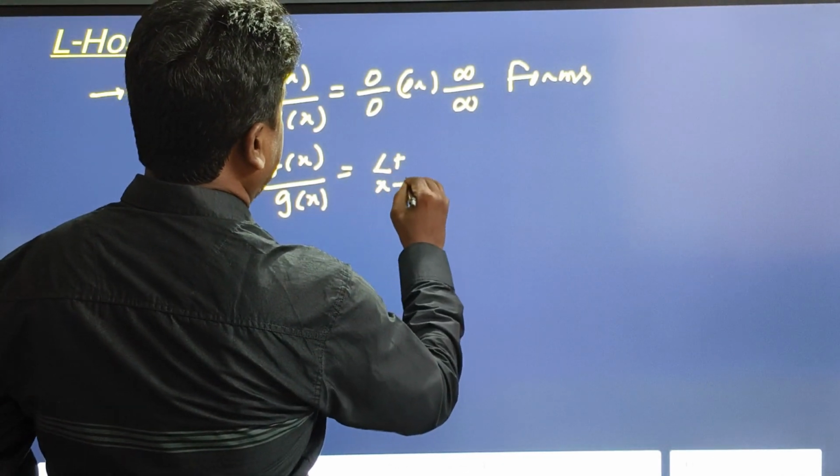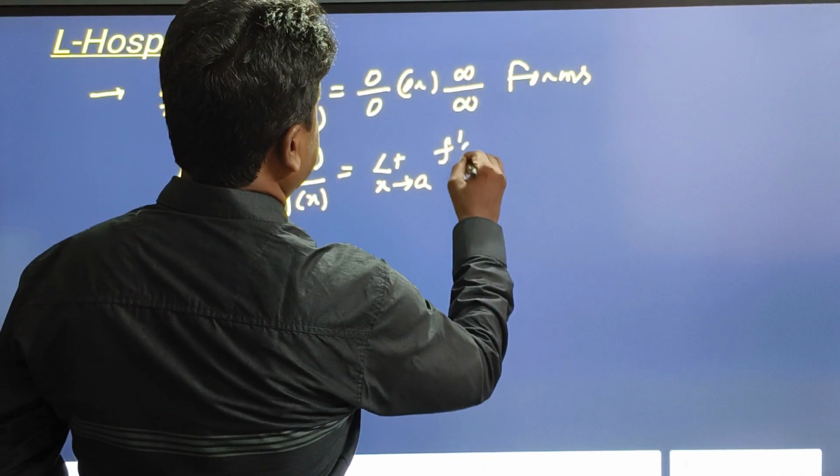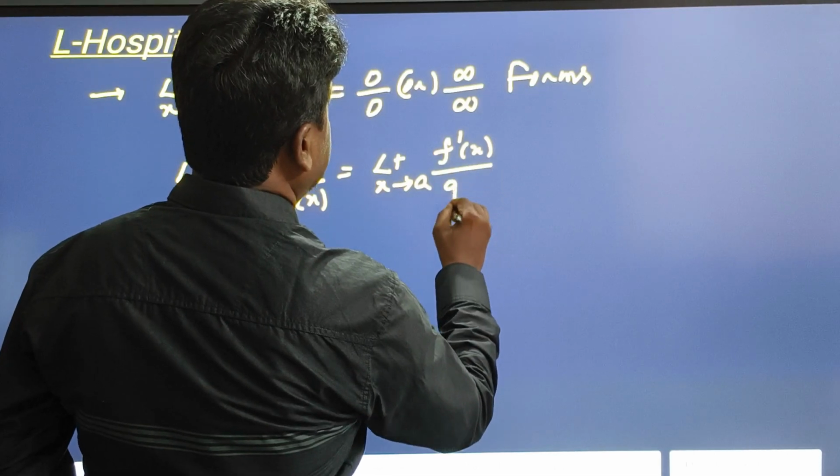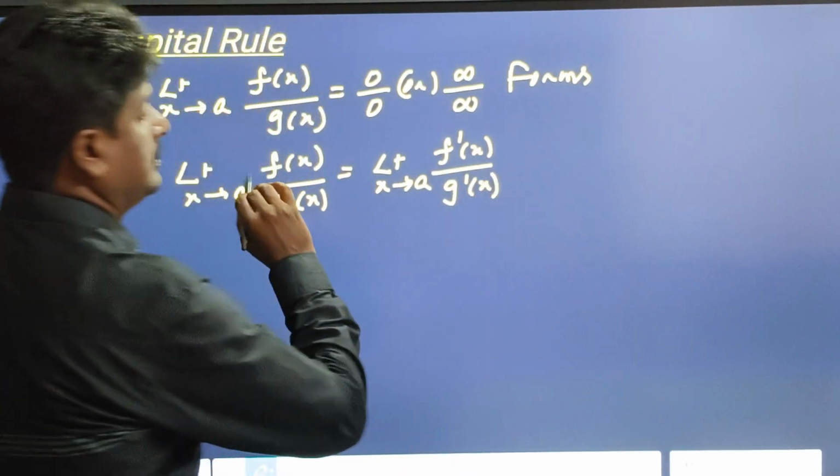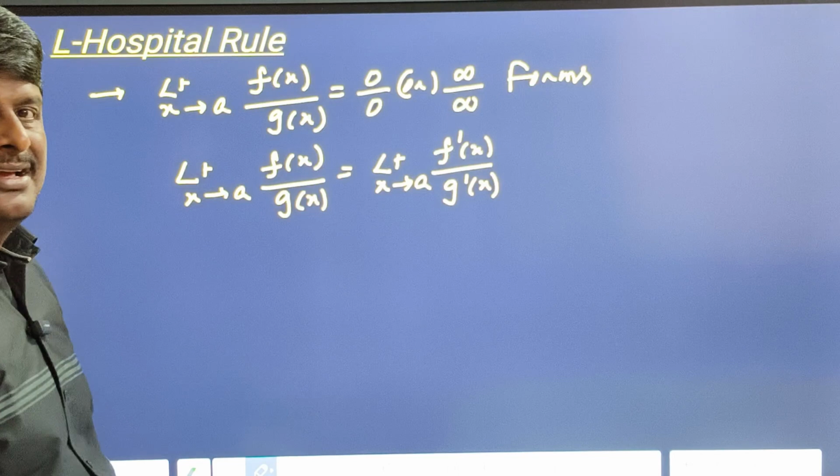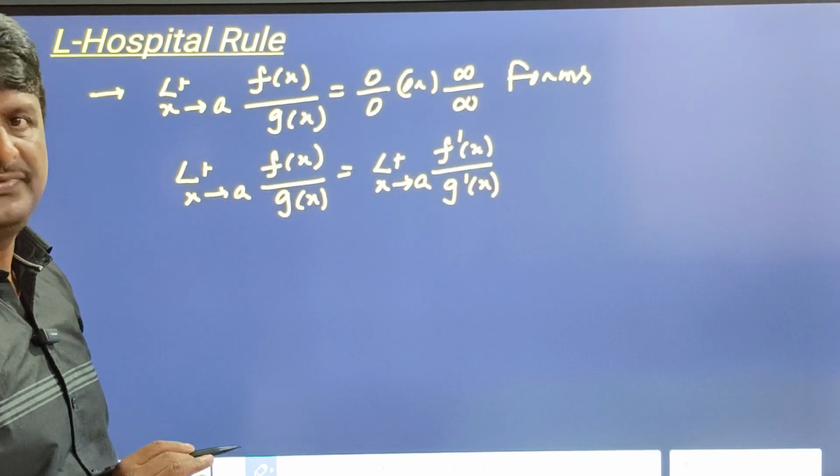Apply the limit for their derivatives: limit x tends to a of f dash of x by g dash of x.